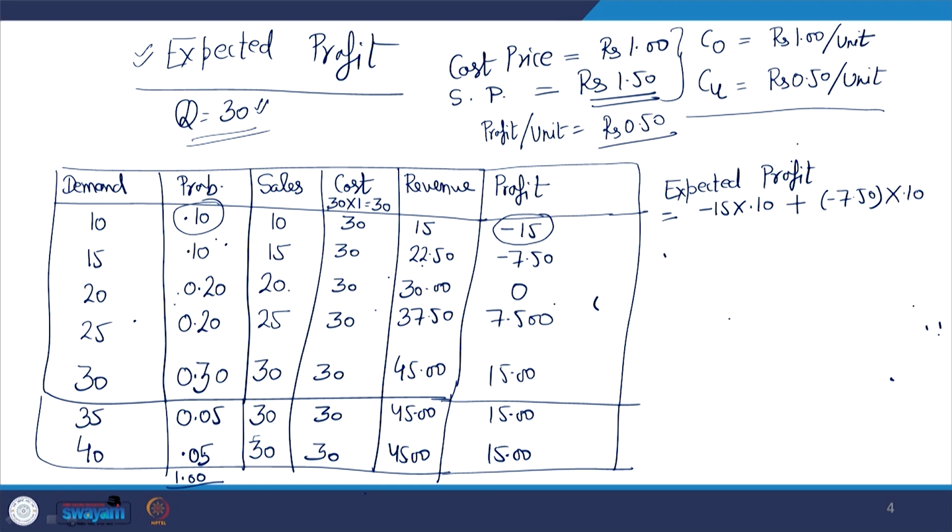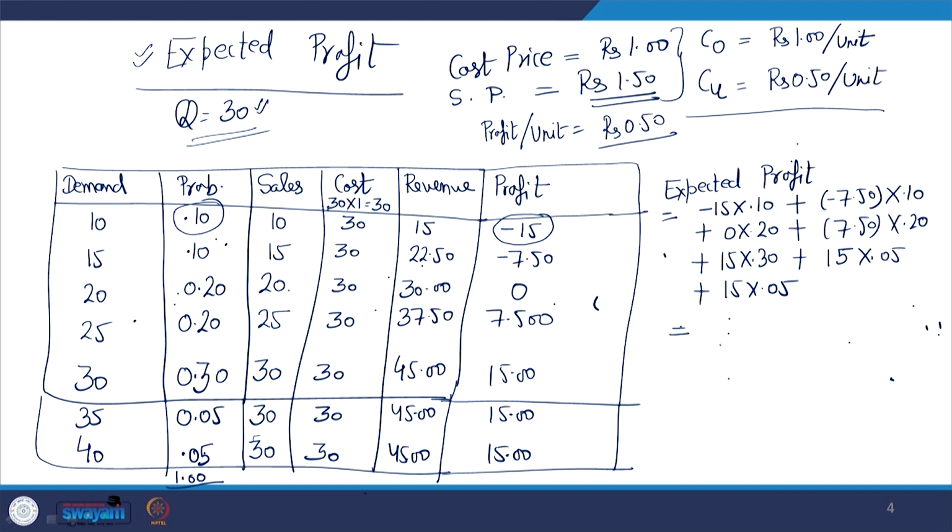The probability of the profit of 0 rupees is 20%, plus 0 into 0.20. The probability of the profit of 7.50 is again 20%, 7.50 into 0.20. The probability of the profit of 15 rupees is 30%, 15 into 0.30, plus the probability of 15 is again 0.05. So, 15 into 0.05 plus 15 into 0.05. So, this is your expected profit calculation.